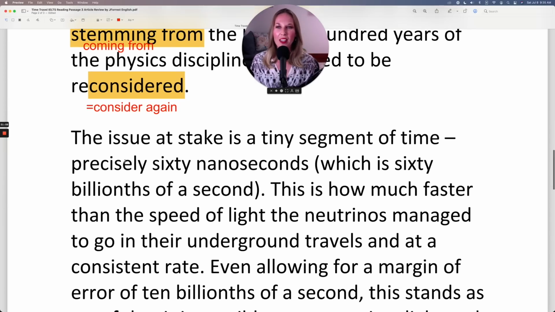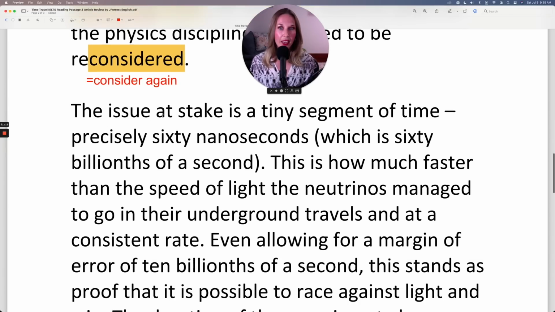Let's continue on. The issue at stake. So at stake is simply when something is being considered. So here, the issue being considered, the issue at stake, is a tiny segment of time, precisely 60 nanoseconds.